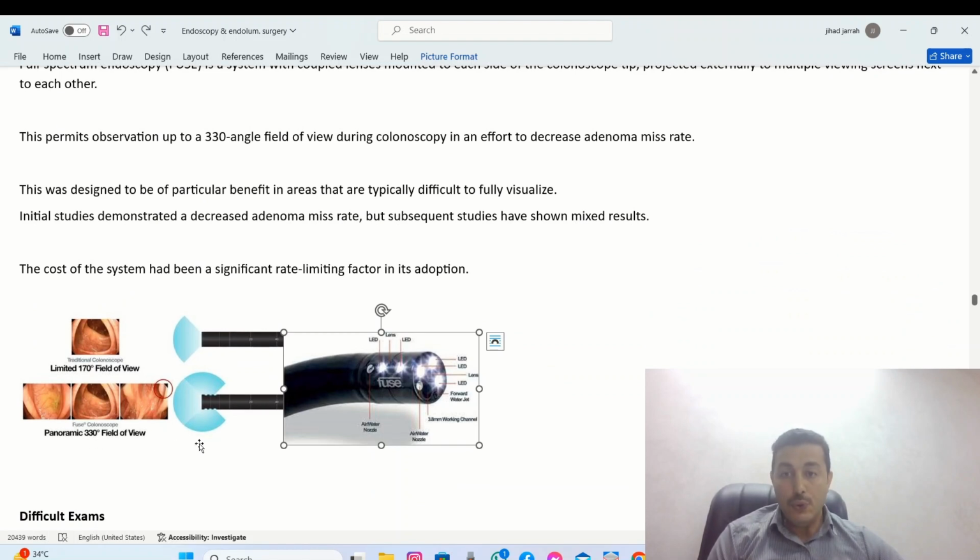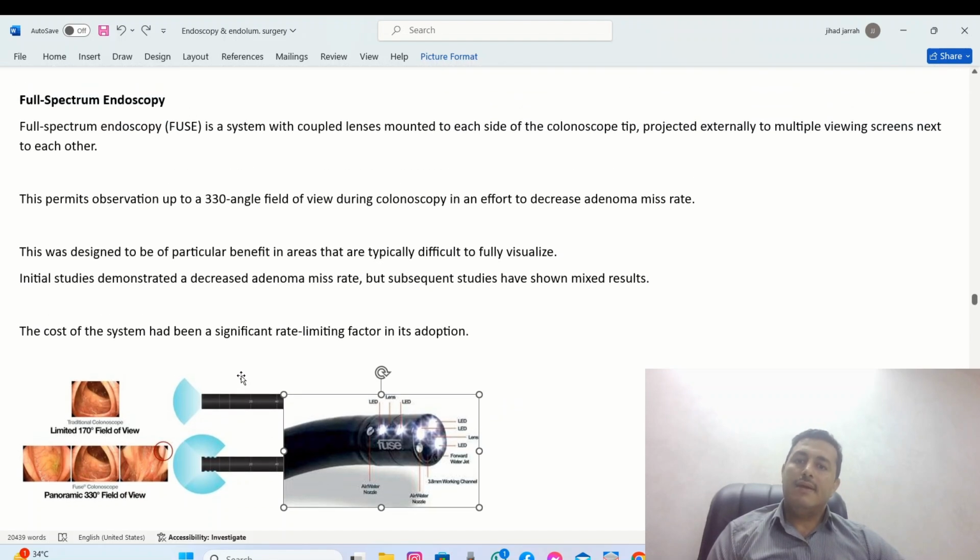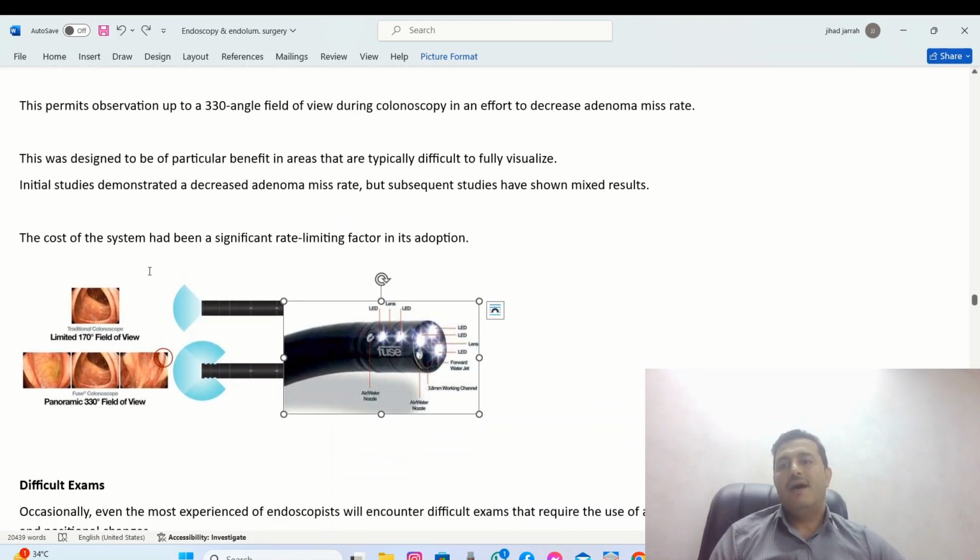Okay, in the beginning of its discovery, there was a study that proved the benefit of it regarding the adenoma detection rate, but with time the question appeared that it may not be extremely important regarding the adenoma detection rate.